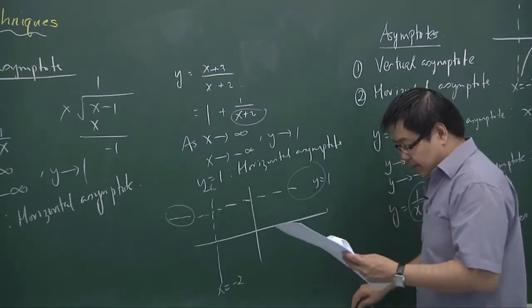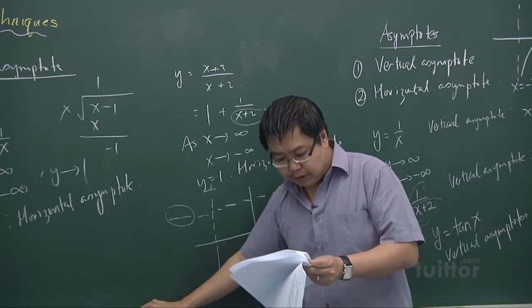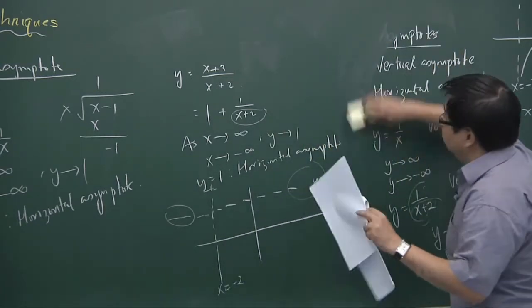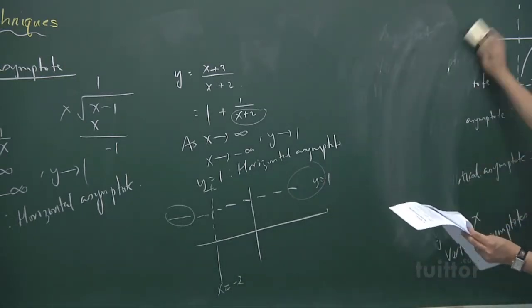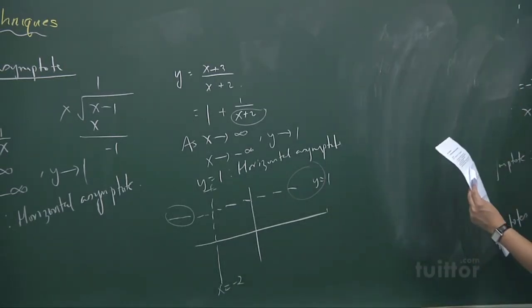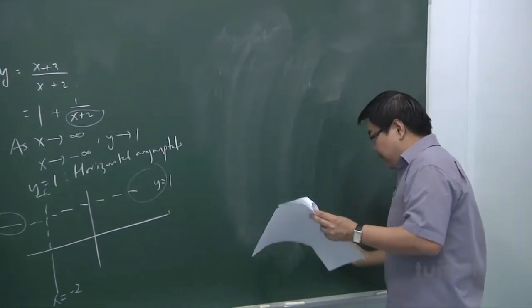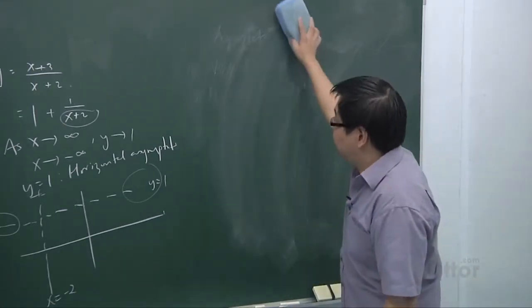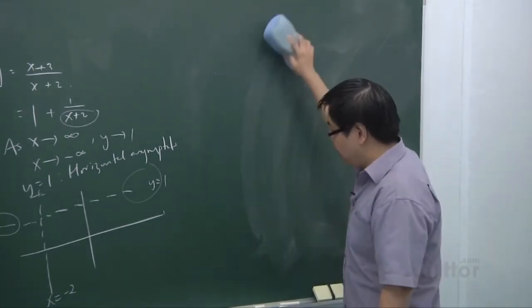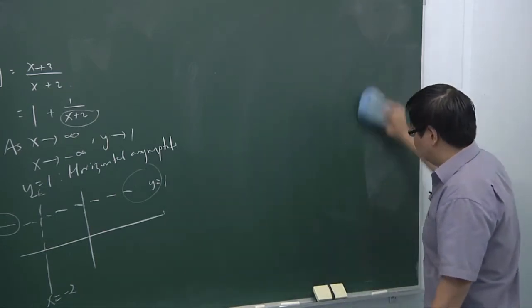Okay. Finally, the last useful feature of graphs is the restriction on some possible values of x and y. In some graphs, it's pretty useful to know some kind of restriction, that means we will know exactly which part of the graph exists and which part does not exist.